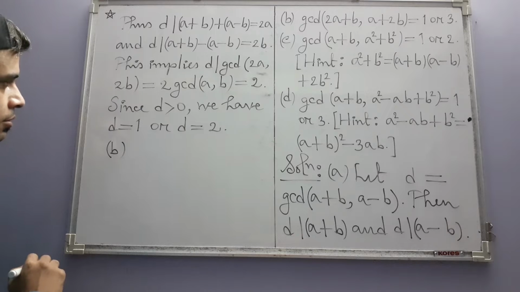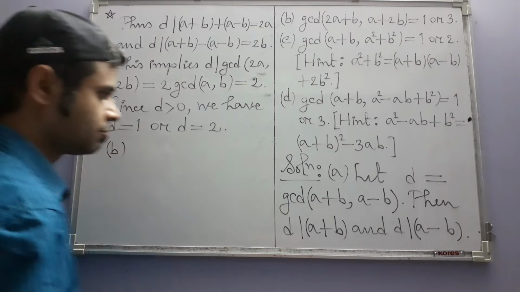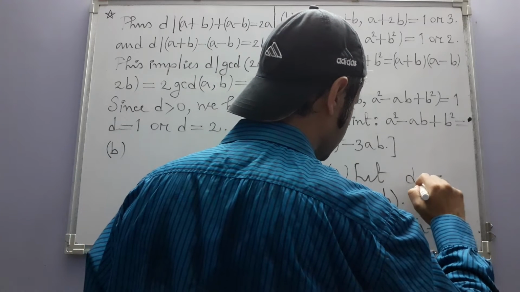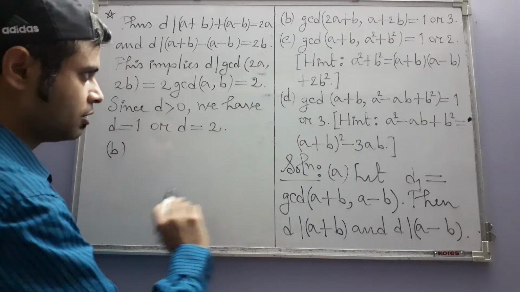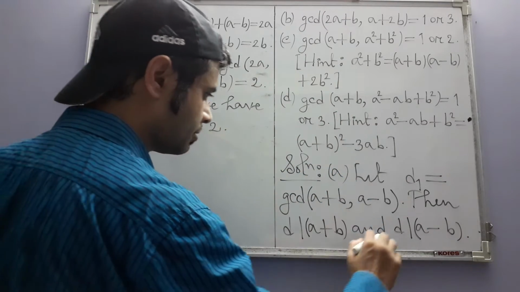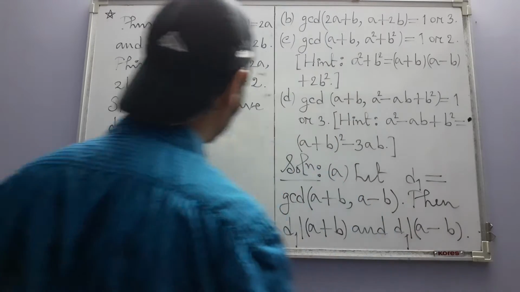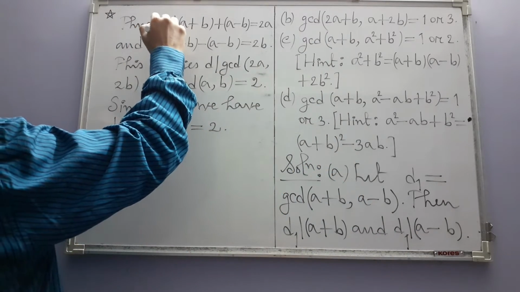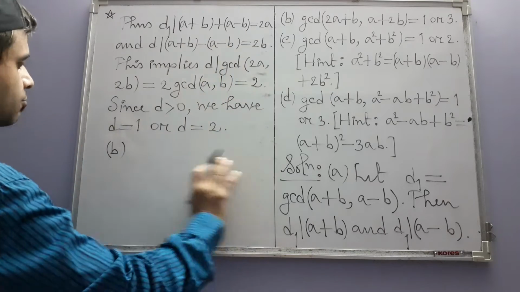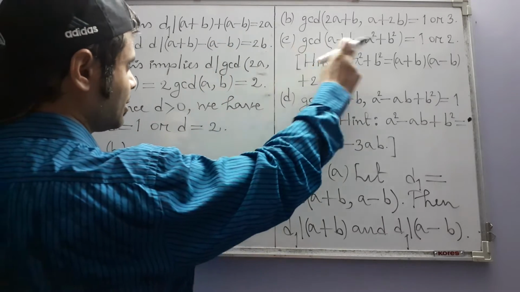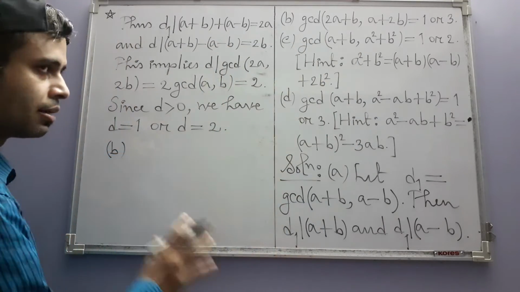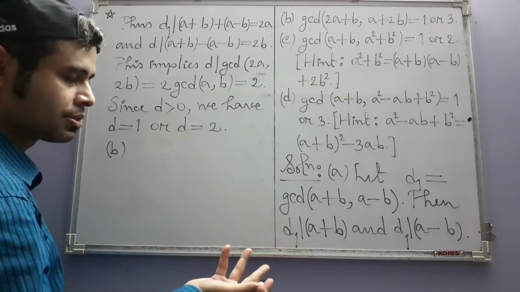Part B. For the sake of distinguishing these different GCDs, let's just call the previous one D1. If you want, in the next one also you may choose to call this one D, but it looks a little strange because it's the same solution.